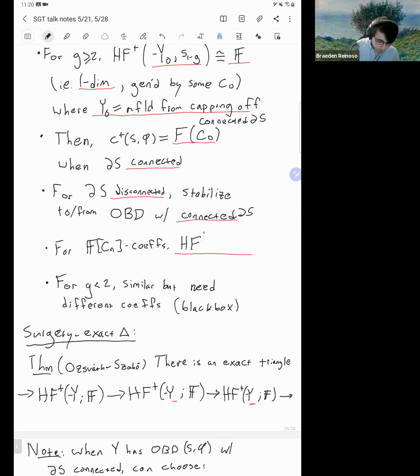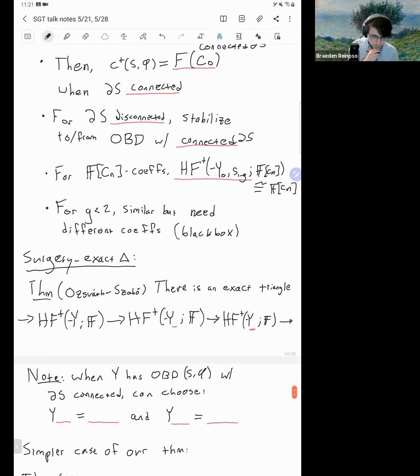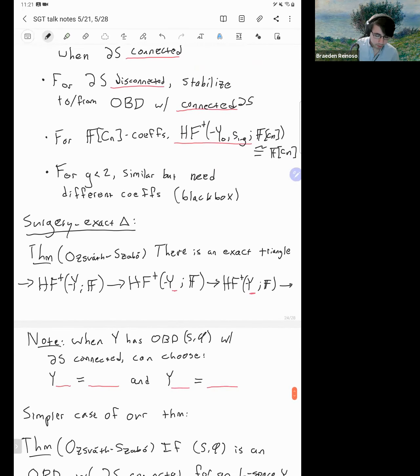You have the same manifold with the same spin C structure, which I haven't even mentioned how those work. With Heegaard Floer homology, this guy should just be isomorphic to a single copy of F_CN, and that was due to Hedden and Mark as well. For genus less than 2, like I said, it's similar, but you just need to be a little bit more careful about coefficients and stuff like that.